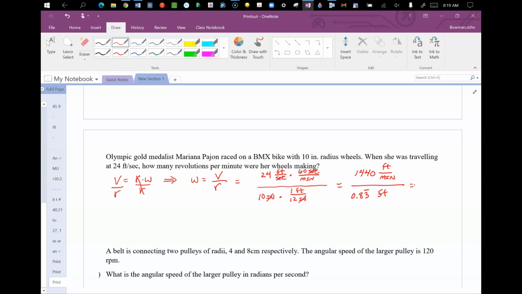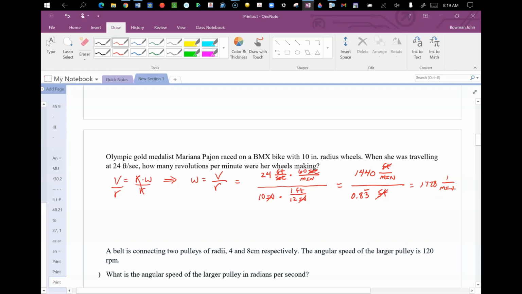So if we figure that out on the calculator, we get about 1,728, and the feet would cancel out, and you can verify that, and it would be 1 over minutes.